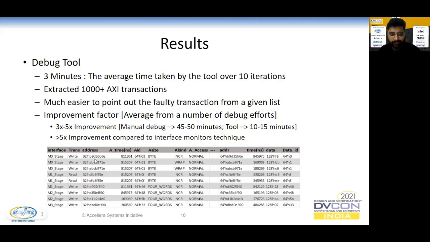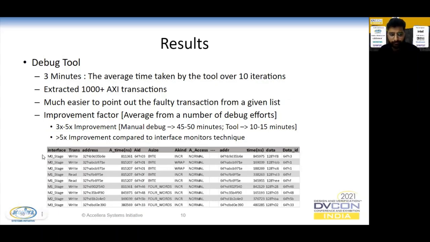In the case of an AXI transaction, we can have a look, for each stage the transaction is mentioned. Here you can see four different stages are mentioned. For each transaction, the address phase, data phase, and the response phase, when it happened, what the data ID is, and what the completion time is.